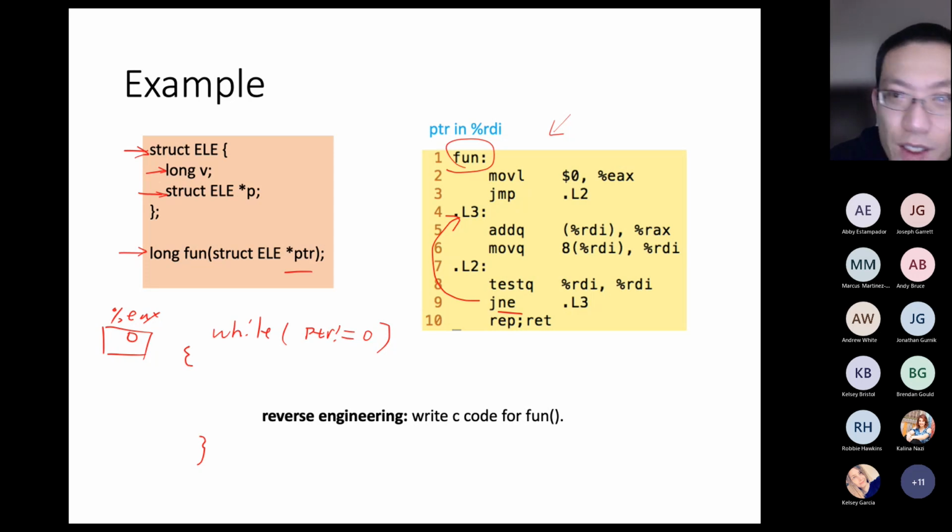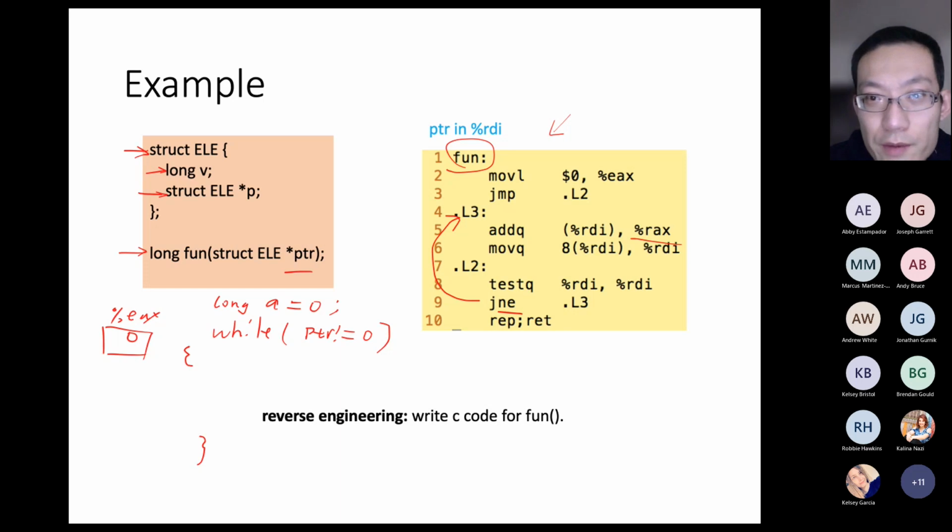So let's just say here's a variable A. Here we'll use RAX. Let's assume there's a long A. We make it 0 in front.